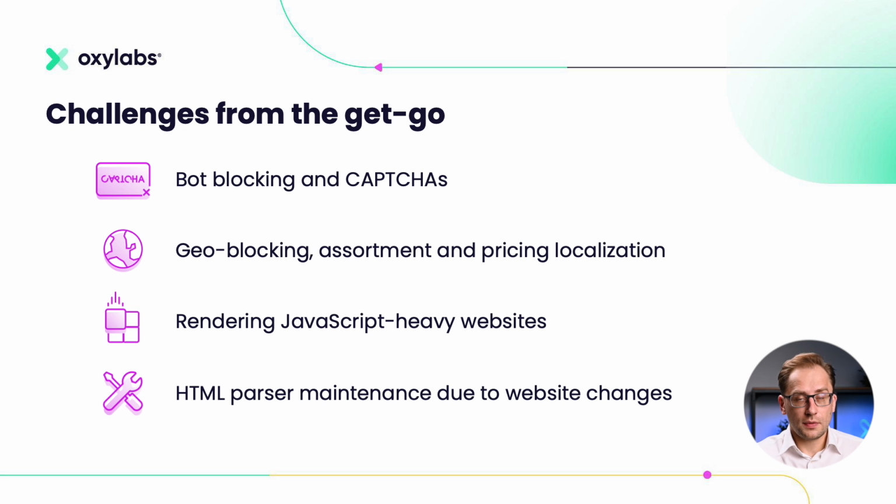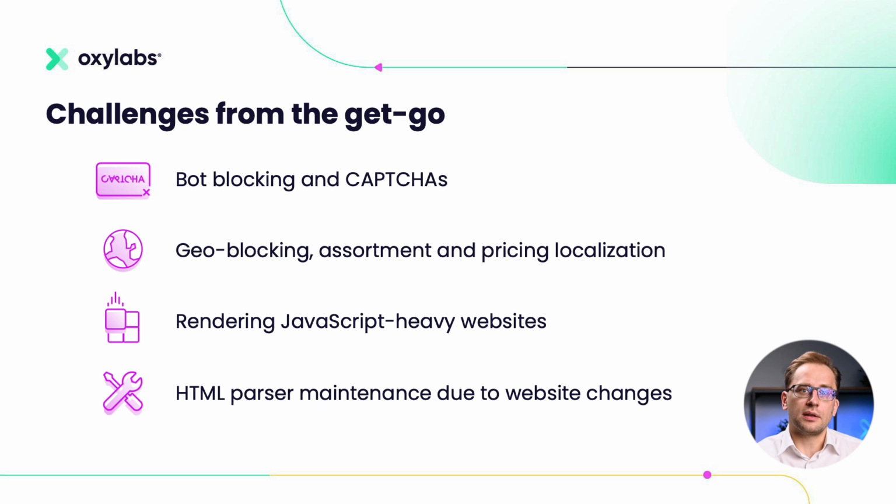So if you use only a single IP address or a limited list of IPs in order to scrape or monitor product pages, you can actually get inaccurate information and wrong insights.